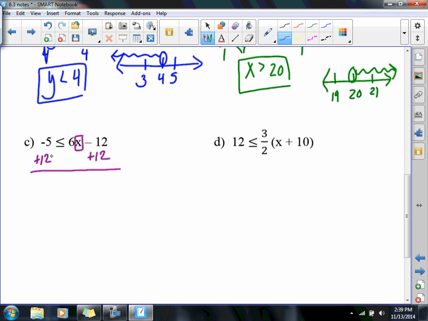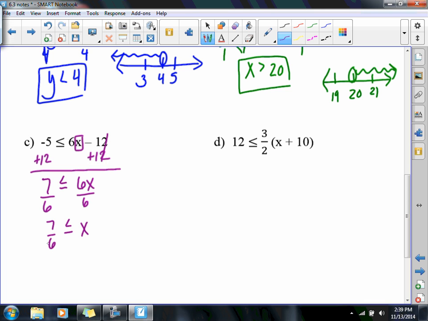So -5 plus 12, that's 7, less than or equal to 6x, and then I have to divide by the 6. So x will be less than or equal to, oh, well, greater than or equal to 7 over 6.